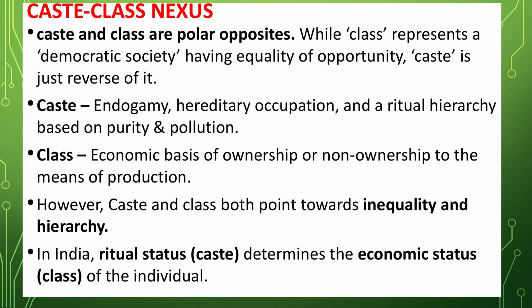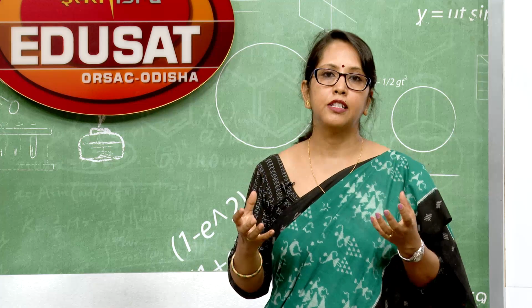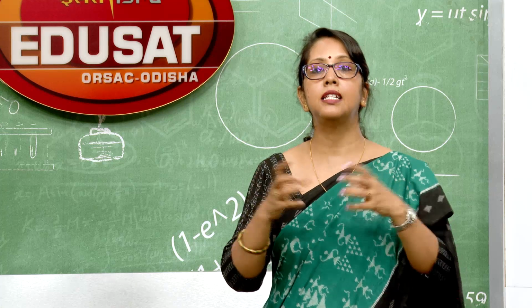We know that class represents a democratic society having equality of opportunity, and caste is just the reverse of that. So, from that respect we understand that caste and class are polar opposite to each other, but this is not the case. Why? Because caste and class mutually assist each other.